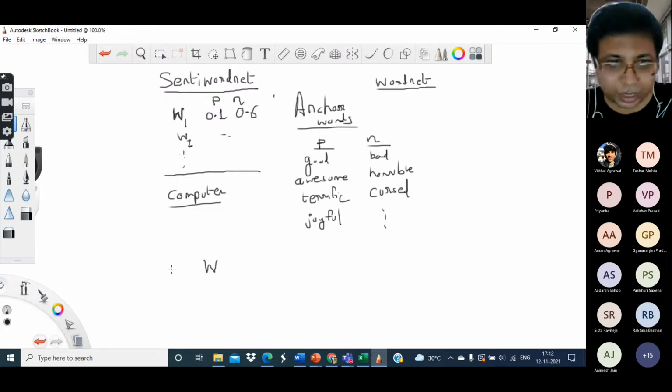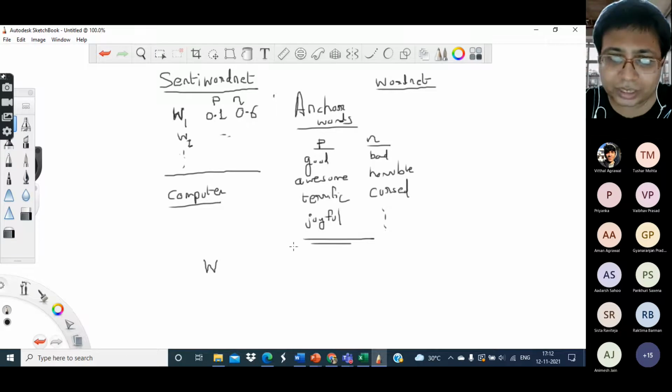So once we have the anchor words, next we have to induce the sentiments of these anchor words onto other words.